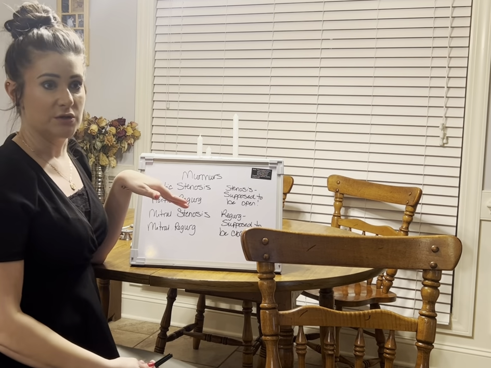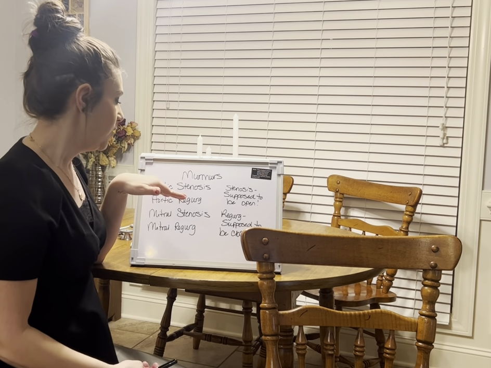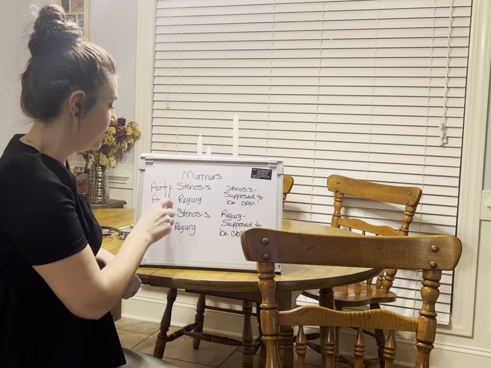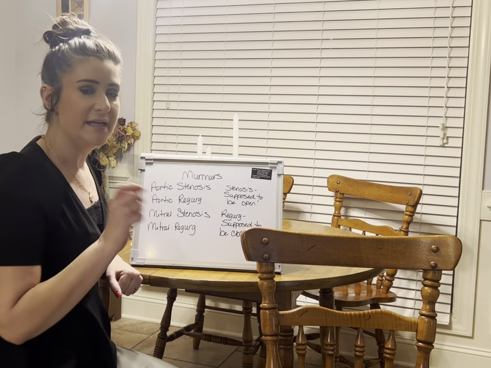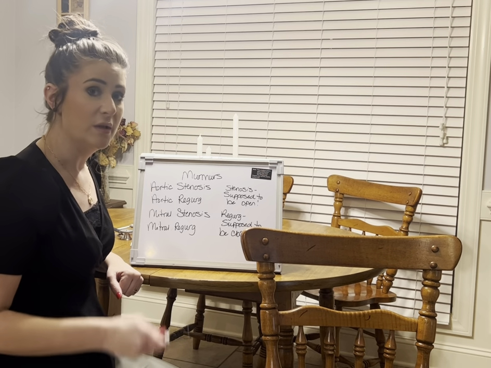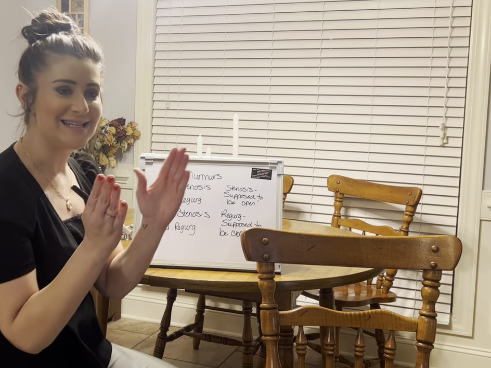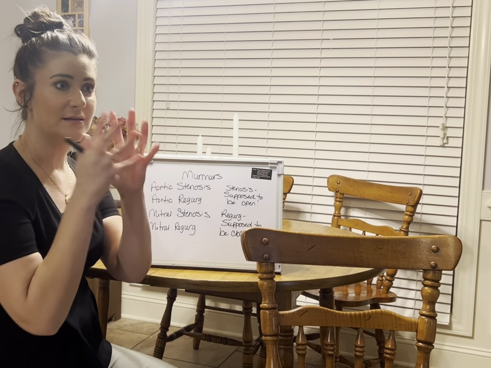So aortic stenosis, let's start with this one. So a murmur of aortic stenosis we know is produced when the aortic valve is supposed to be open. Stenosis, it's supposed to be open. When is the aortic valve supposed to be open? Well, it's supposed to be open in systole. Okay, aortic valve is supposed to be open during systole.